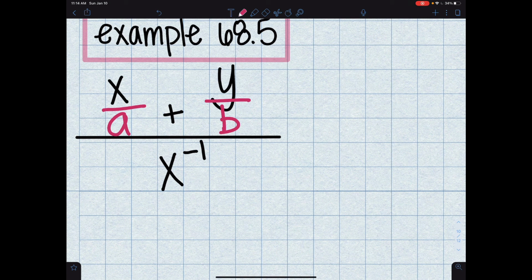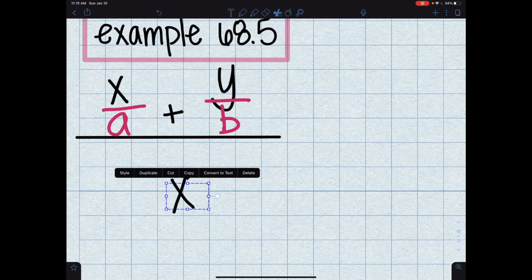So it was just an illusion that we didn't have fractions on top of fractions, because we still do. And there's one more. This x to the negative 1 is the same as 1 over x. So do you see how I did that? Okay, now it's back to the same level of complexity as the previous examples, right?